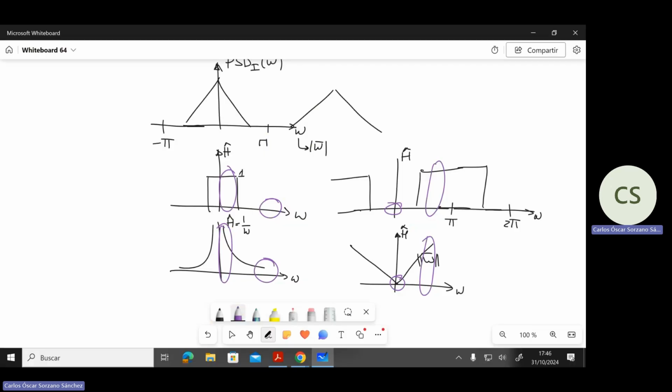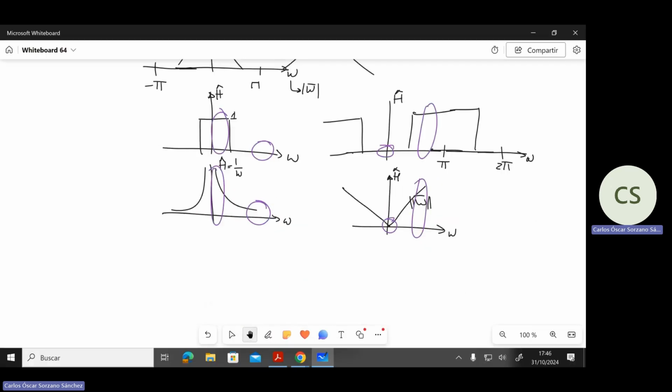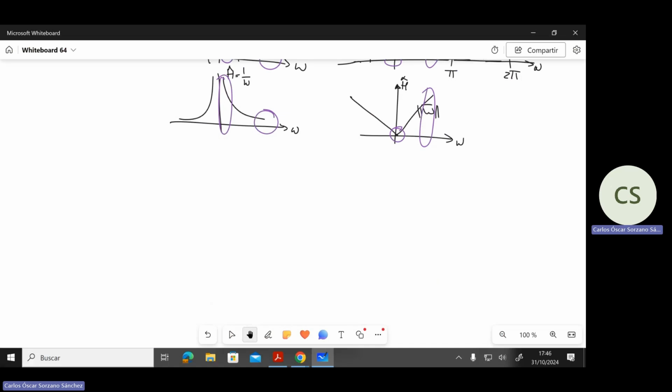So when things have radial symmetry, that function is somehow the Bessel function of R. And just a reminder, this sinc of R was something like sine x divided by x.